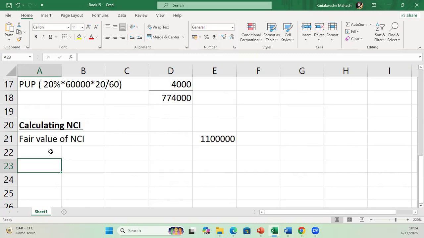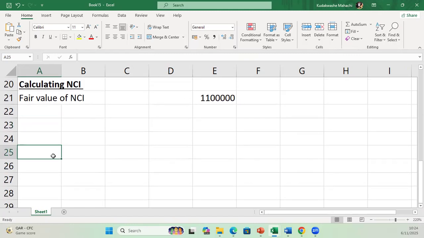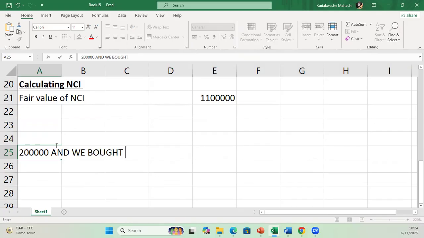Let's say we acquired 20% of a subsidiary, let's say it has 200,000 shares and we bought 80%.